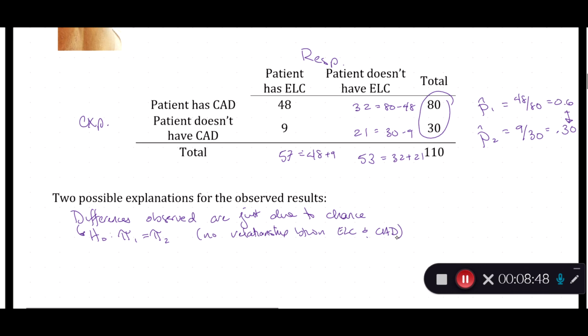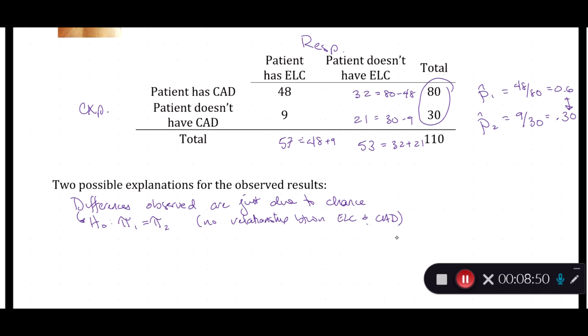Or the other possible explanation is that the differences observed are due to an underlying association. That's the only other possible explanation. And in that case, we would have to write our alternative hypothesis.